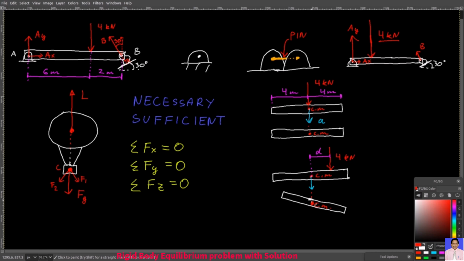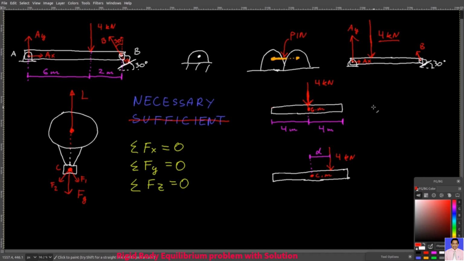It will still go down along this straight line, but you will also have angular acceleration alpha, because you will have a moment about the center of mass, and this moment will be 4 times d clockwise. It means that the condition where the sum of all the forces in all the directions is still a necessary condition, but it's not a sufficient condition anymore.